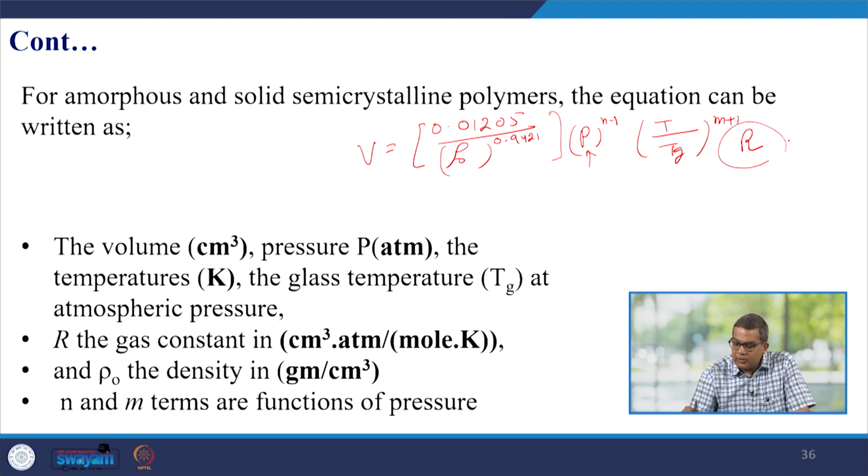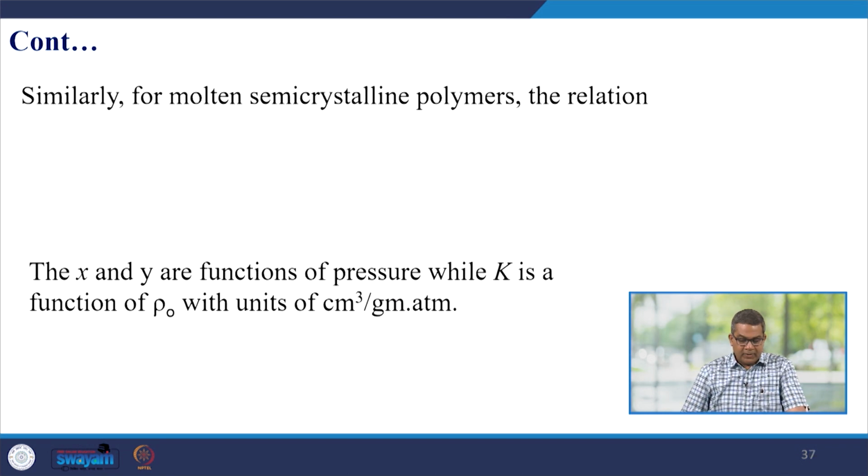R is usually our gas constant, with units of cubic centimeter atmosphere per mole per Kelvin, and ρ0 is the density, represented in gram per cubic centimeter. N and M are terms that are functions of pressure.